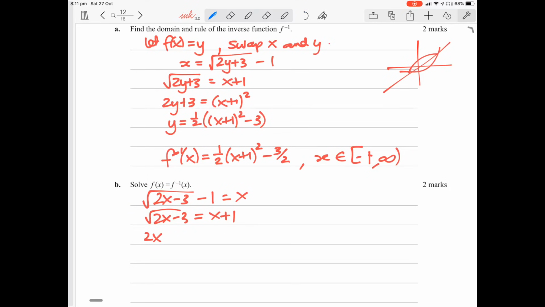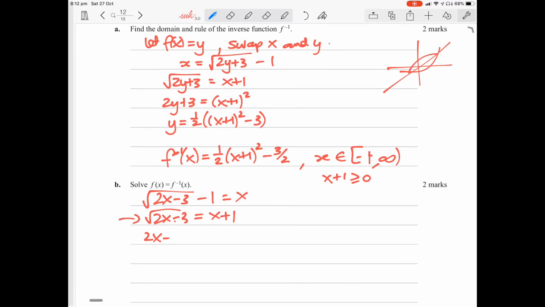Now this x plus 1 has to be greater than or equal to 0, because if I square root a number, it's got to be positive, can't be negative. But anyway, so move on.